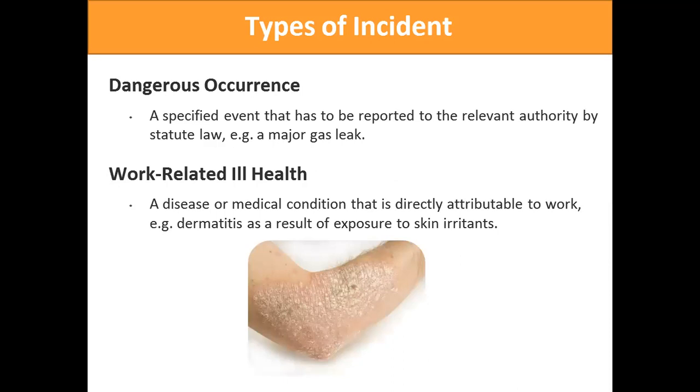Then work related ill health: a disease or medical condition that is directly attributable to work, for example as a result of exposure to a skin irritant. So work related ill health means a person becomes sick due to the work.